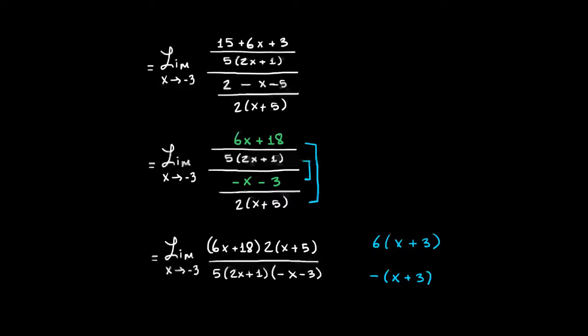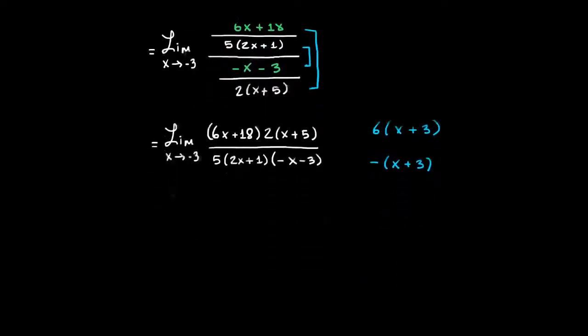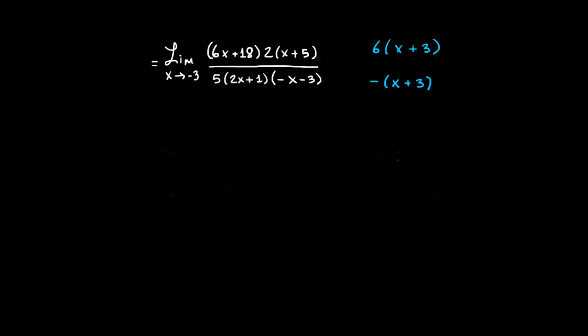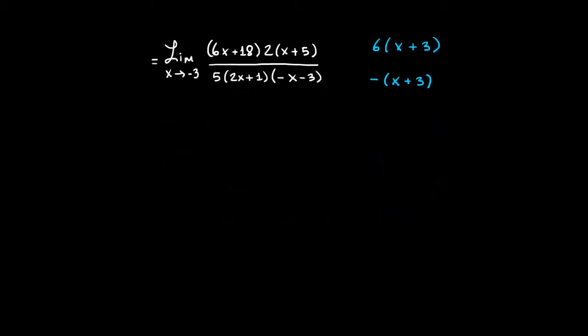So let's get to it on the next step, and let's scroll down a bit. Let's continue. Here we'll copy this guy out. Well, factorizing the 6 in the first term will be 6 times x plus 3.